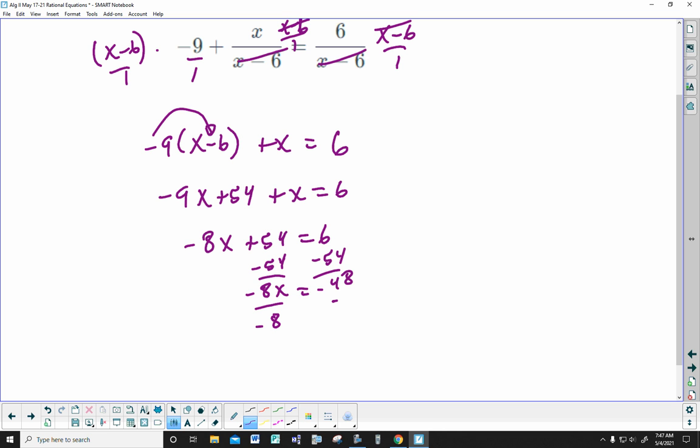Divide by negative 8, and you get x is equal to 6. Yeah, and you fill it back in, and it blows up again. It's funny if all the examples I picked don't work. So again, this one would be no solution. Because when you fill it back in, you're getting, like, for example, this. It's funny that all the examples I picked from Delta Math are the ones that are no solution.